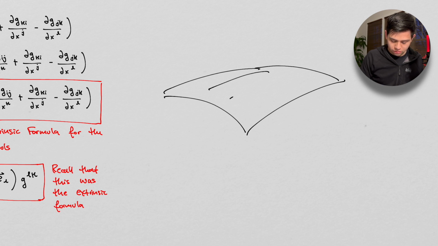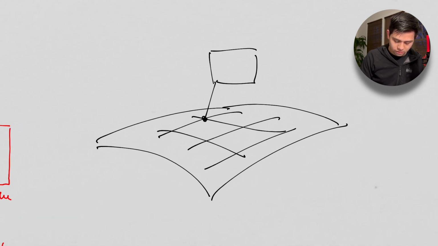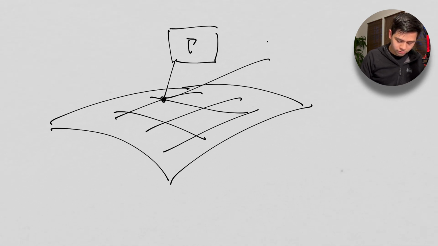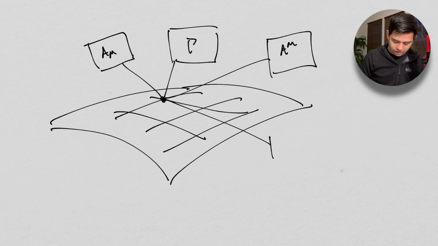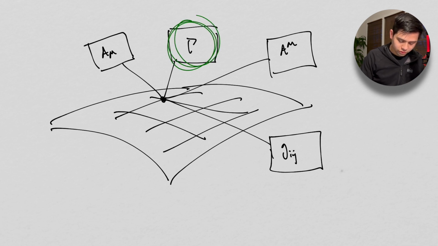So the picture here, reiterating the picture, I won't draw everything out, but we have now our connection. We have vectors, we have covectors, we have Gij. Now we have a formula that relates this space to this space right here.